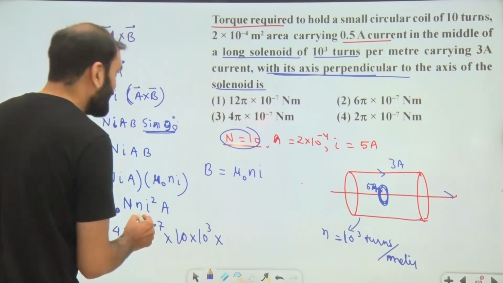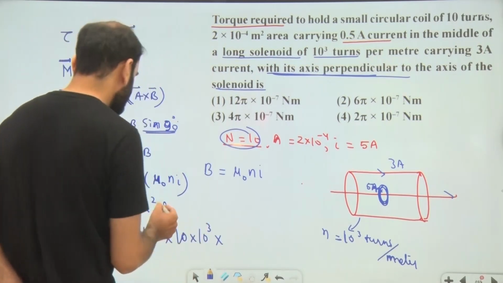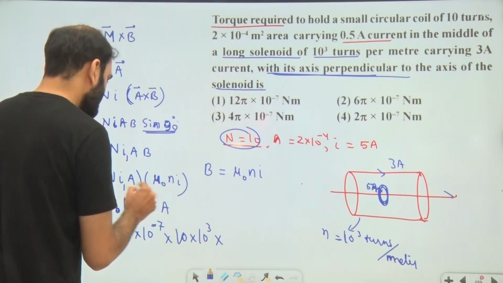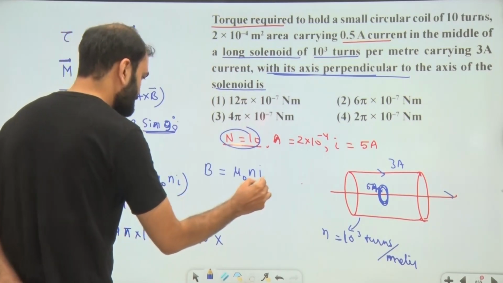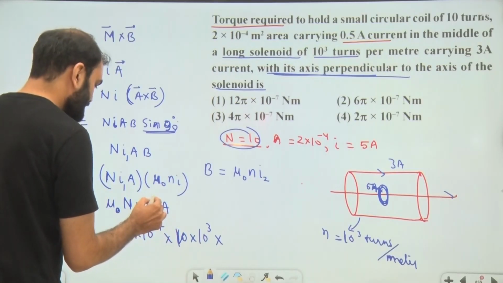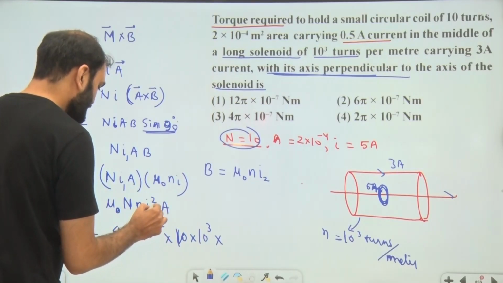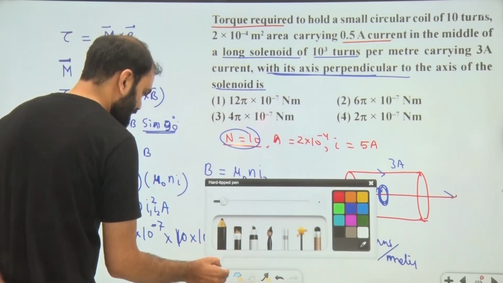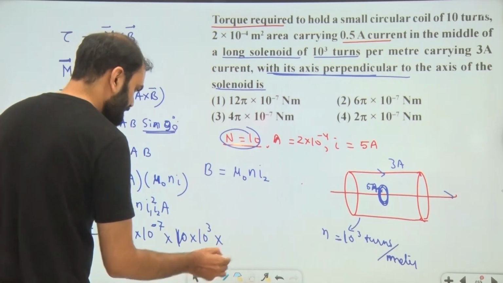The currents are I1 for the coil and I2 for the solenoid; both currents are not the same, so you just multiply I1 and I2.